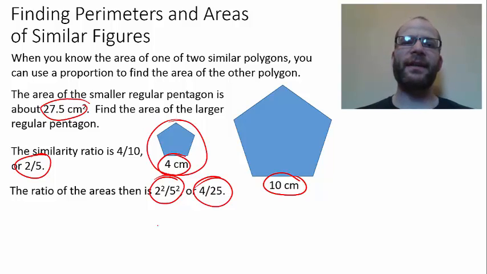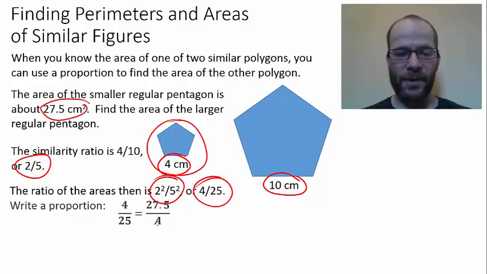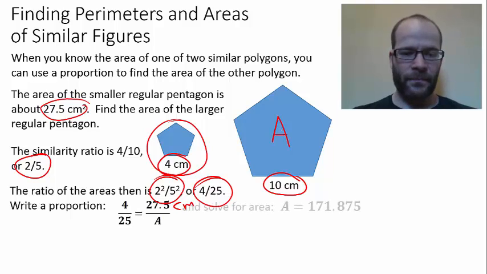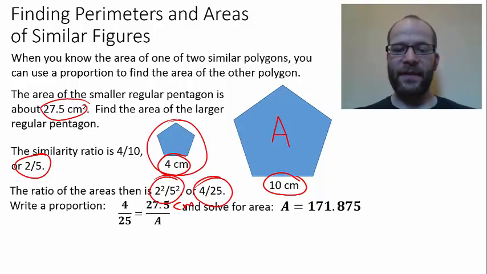Once we know the ratio of their areas, we simply put this into a proportion. 4 over 25 is equal to 27.5 centimeters squared, which is the area of the small regular pentagon, divided by A, which is the area of the large regular pentagon. Then we solve that proportion for area, and you'll have to take my word for it again.